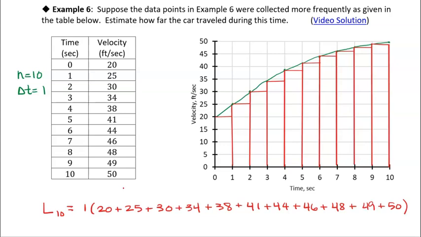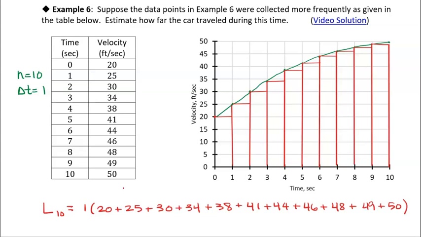N is the number of subintervals. And each interval has a width of 1 second, so the width of each one of these rectangles is 1 second, and the height of the rectangle is determined by the value of the velocity on the left-hand side of each interval. So these red rectangles represent the left-hand sum.